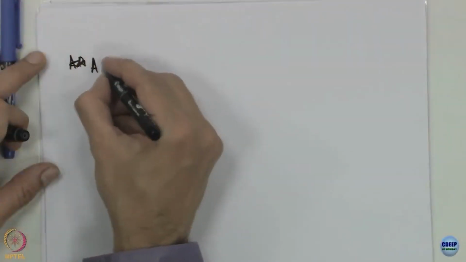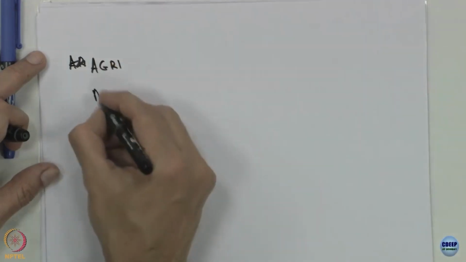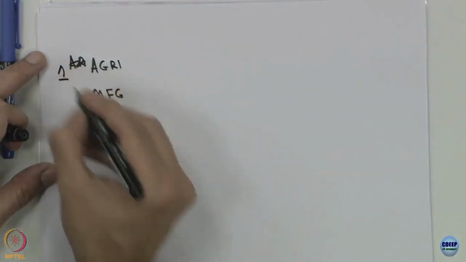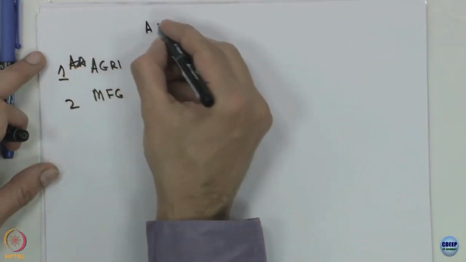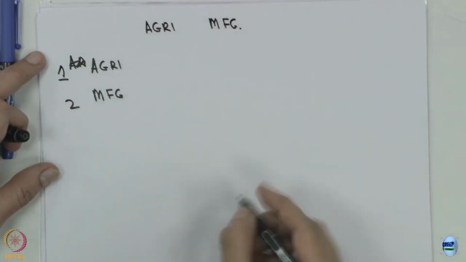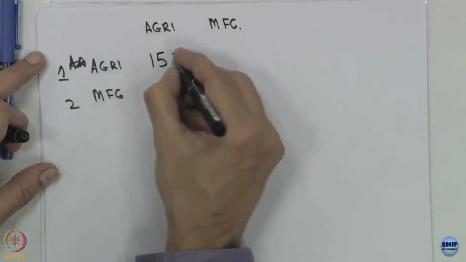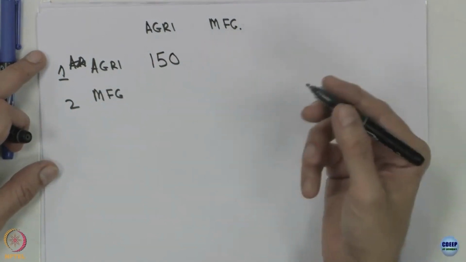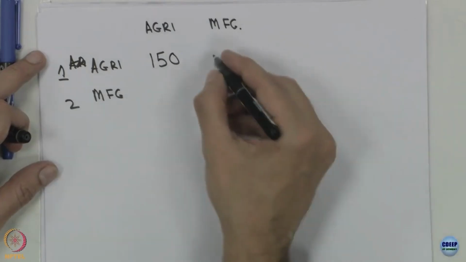Let us say there is an agricultural sector and a manufacturing sector, sectors 1 and 2, and here also we have agriculture and manufacturing. This is some 150 units, billion rupees, or $1 million, the financial units.